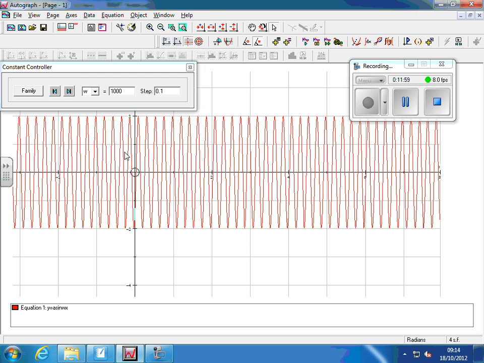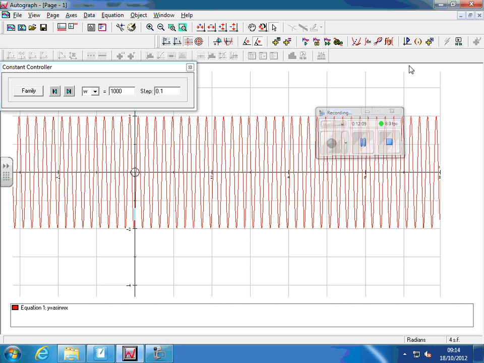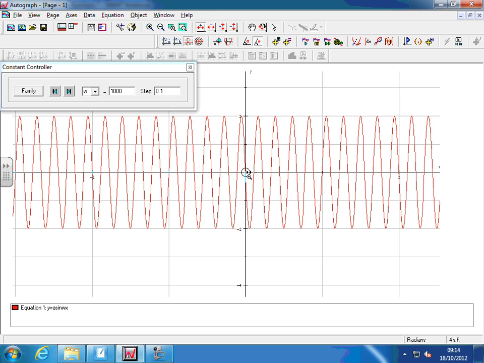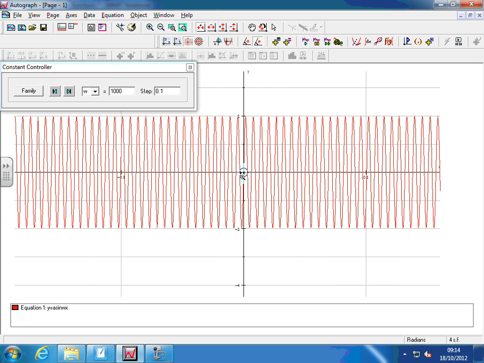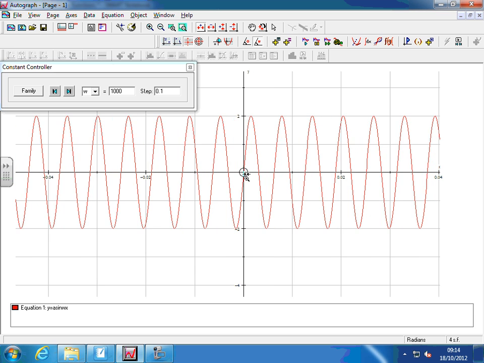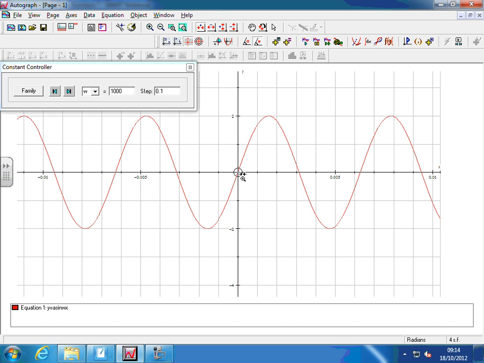You might need to do that on waves with very high angular velocities, to actually spread out the waves. So what I need to do is minimize this, zoom in on the x-axis. So that's the key button. If I do that, then it stretches the wave out, and then I can actually start to see what one wave looks like, and there it is.